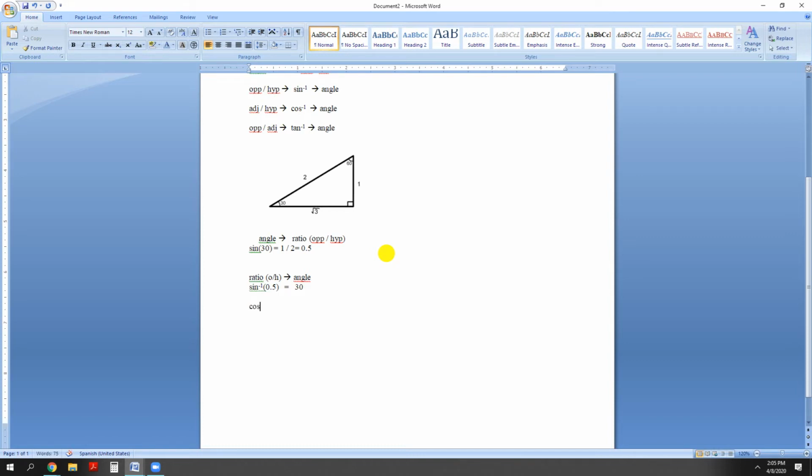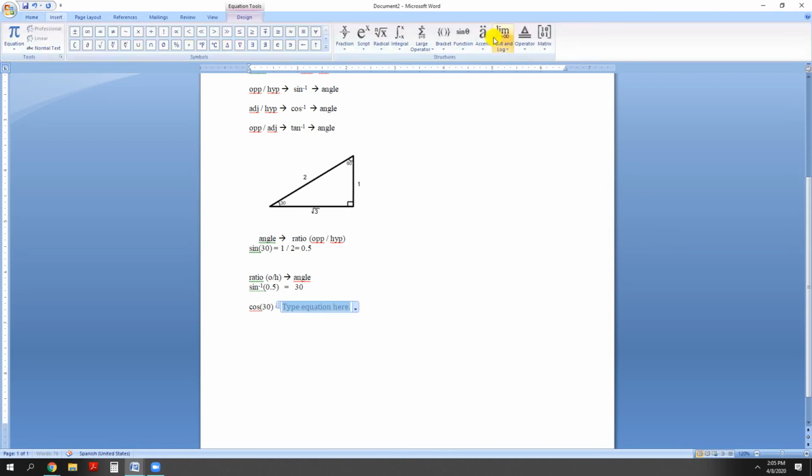And what happens if we do cosine of 30? What's that going to look like? Well, it's going to be the adjacent, which is the square root of 3, and then that's going to be over 2.